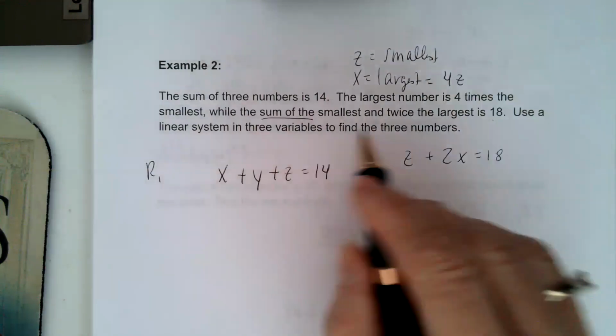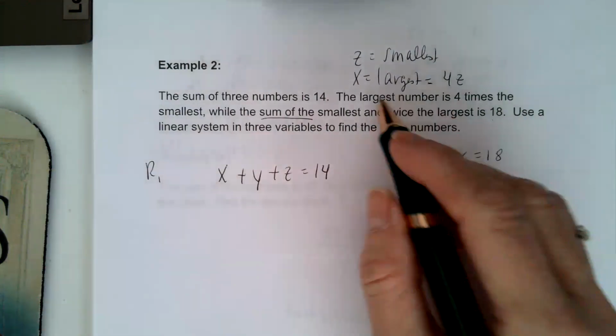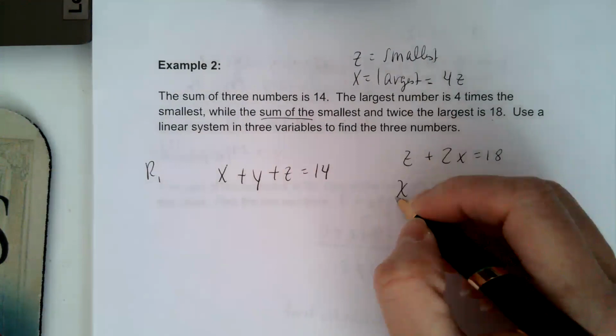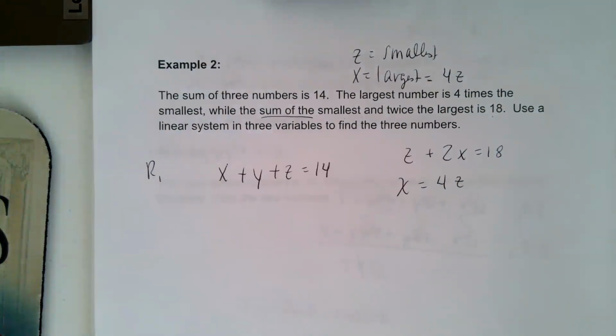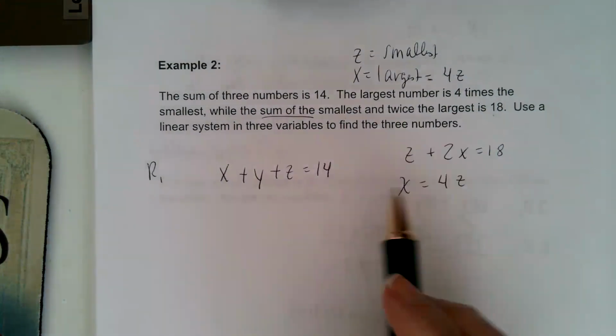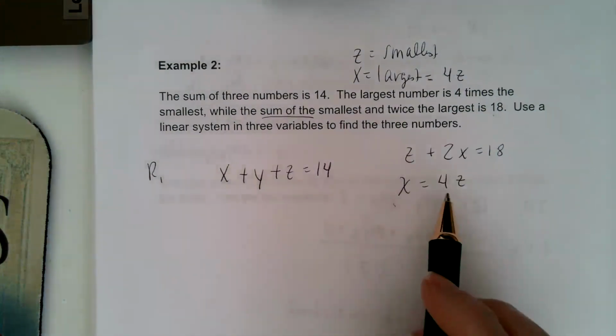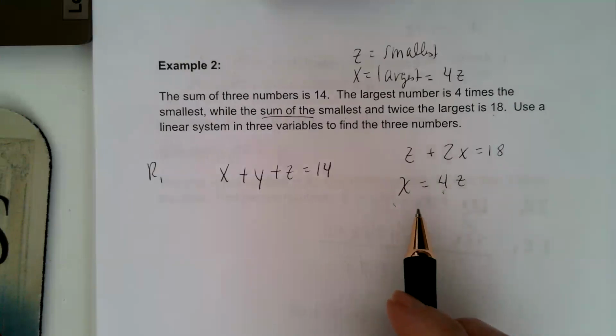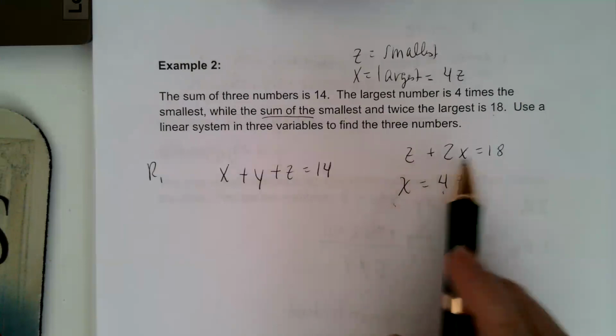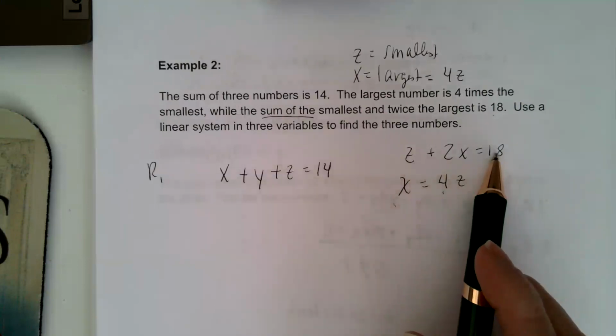Use the linear system in 3 variables. So I'm going to write this equation up here as the largest is 4 times the smallest. We don't know anything about the middle number, y, but we know that x is 4z. And z plus 2x is 18.